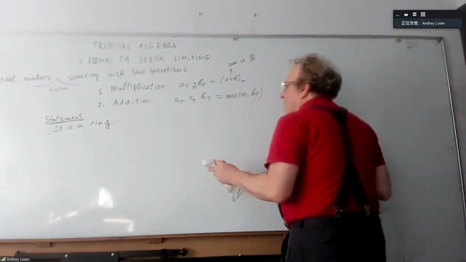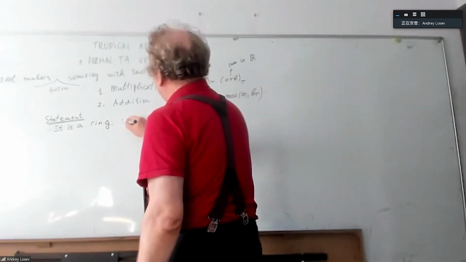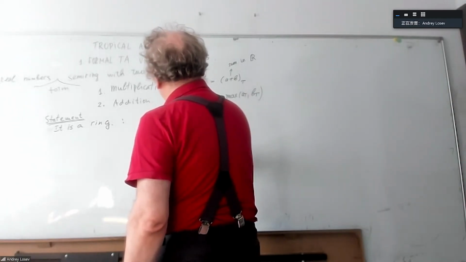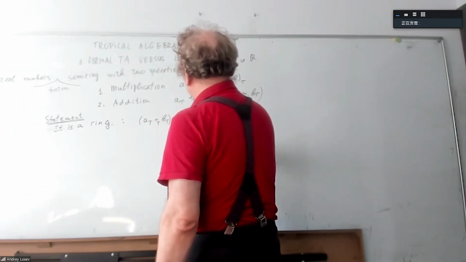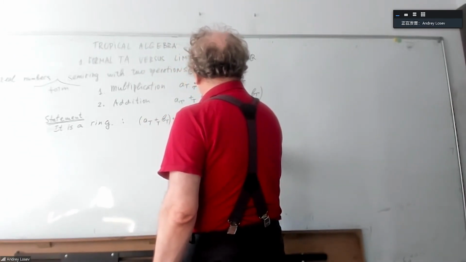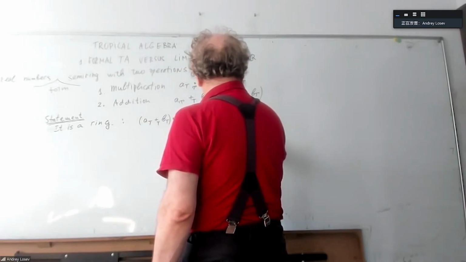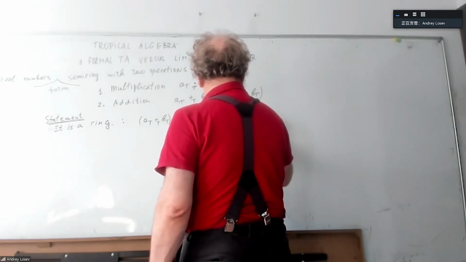So, what does it mean that it's a ring? It means that A tropical plus B tropical, multiplied tropically by C tropical, is A tropical times C tropical plus B tropical times C tropical.